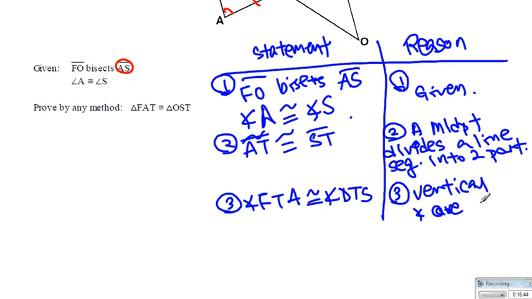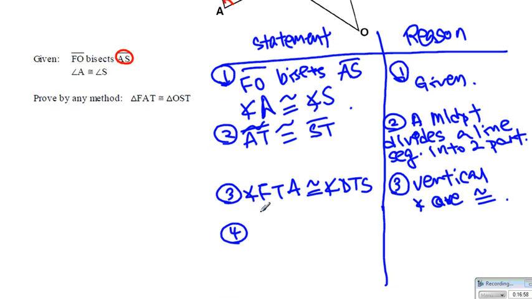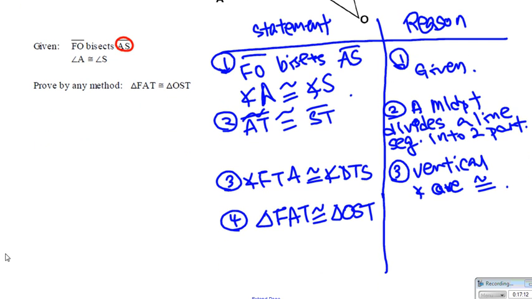All right, number 4. Then I think we can go for triangle FAT must be congruent to triangle OST. Here we have angle, side, angle.